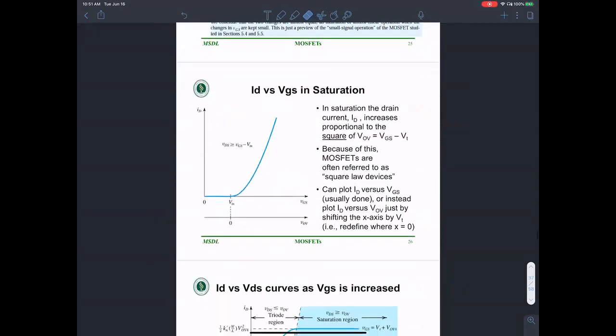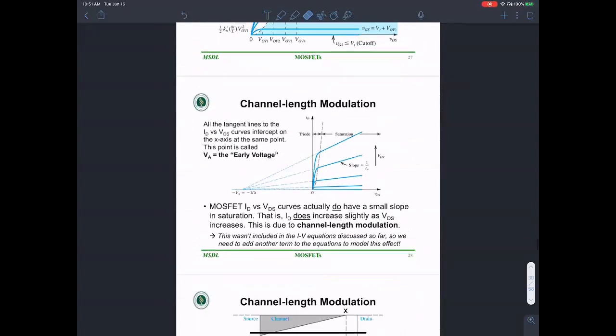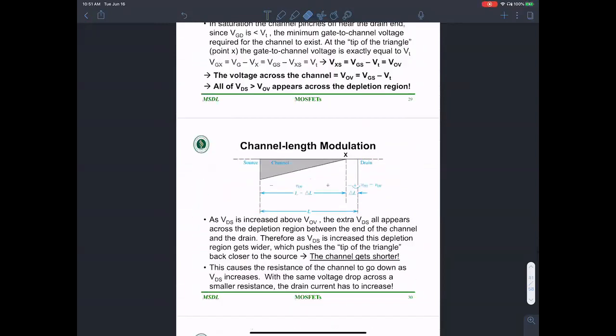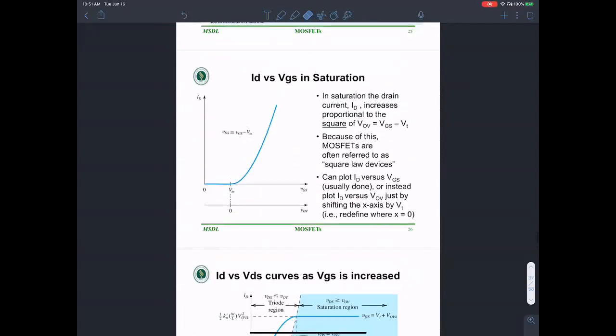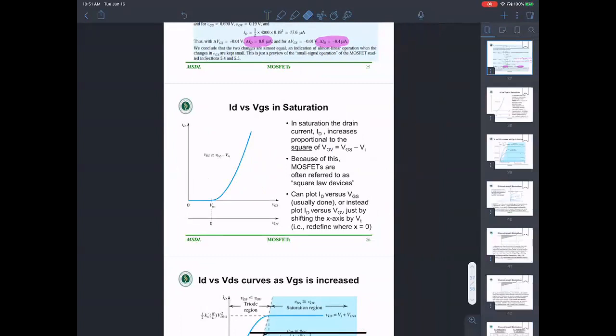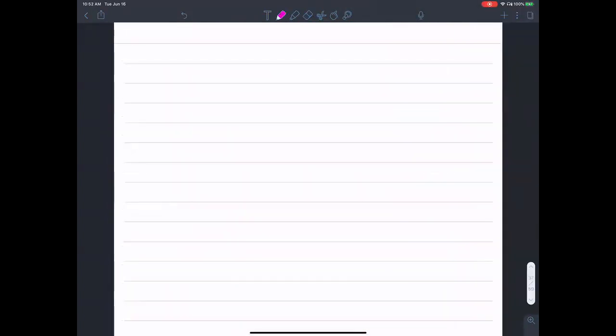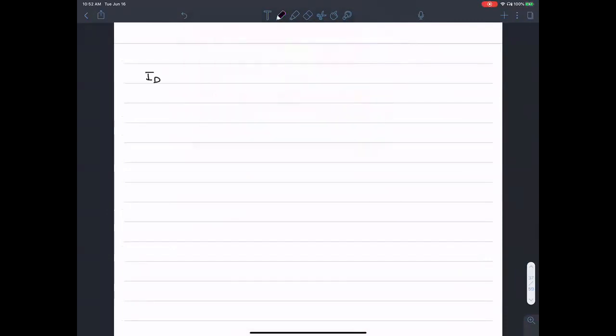So that's the idea of square law, ID-VDS curves. We did not talk about channel length modulation yet. Maybe now is a good time to talk about channel length modulation. Questions so far, please. Let's revisit what we did in terms of ID versus VDS curves.